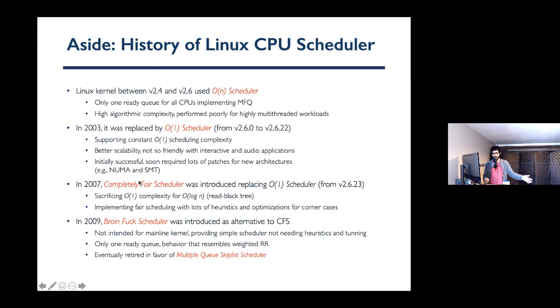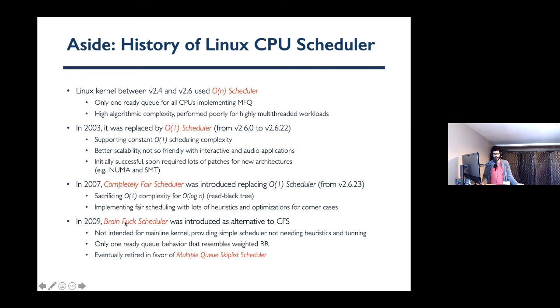There have actually been many new scheduling policies. This Brain Fuck scheduler is one of them. The idea for this was that there was this guy who is very famous in the Linux community. He was not very happy with the completely fair scheduler, how complex the scheduling policy had become.